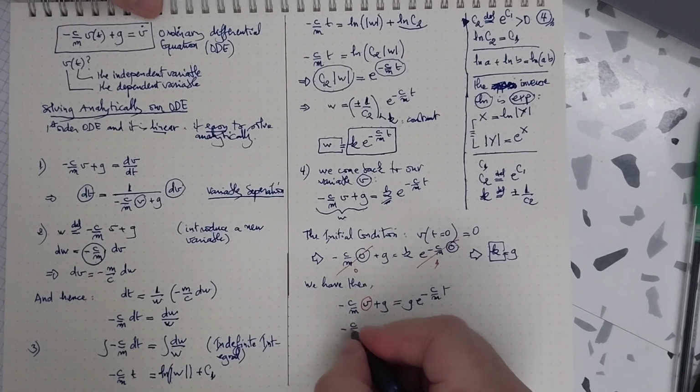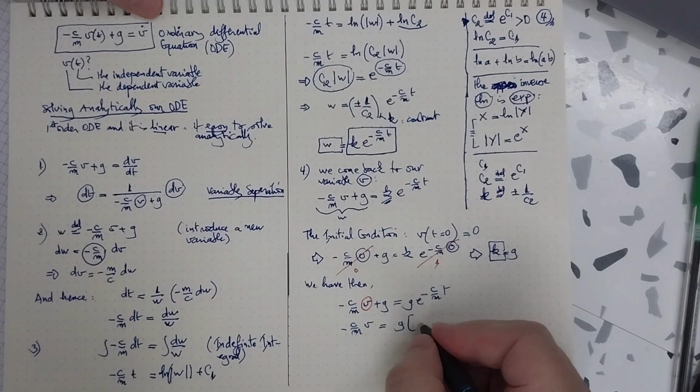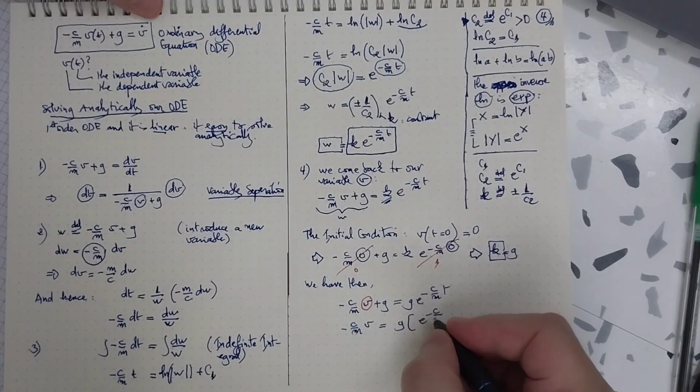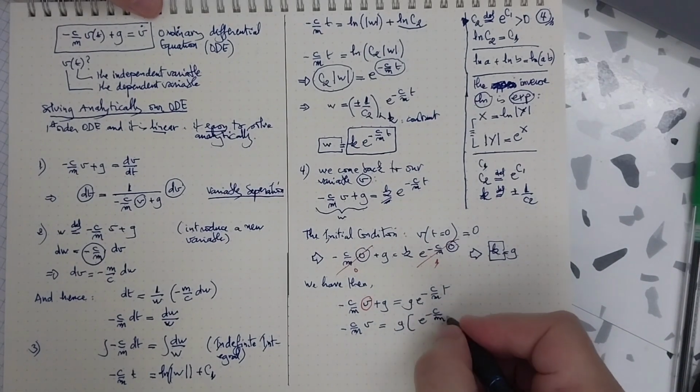We get minus Cm V equal G times E minus Cm e to the minus C over M times T.